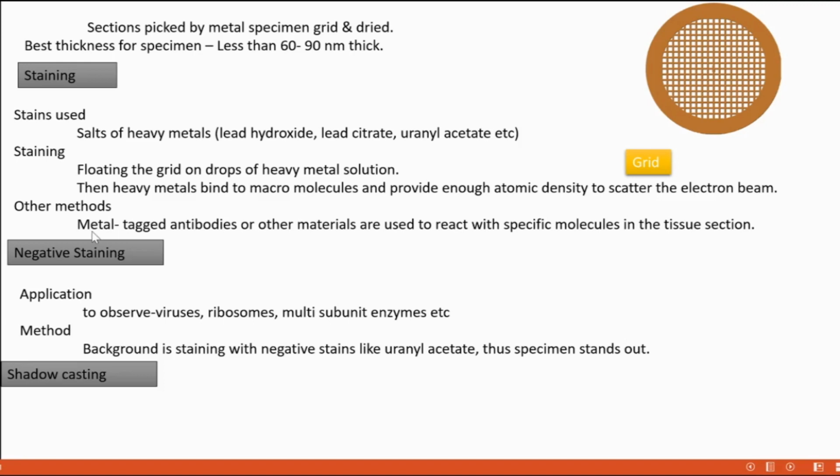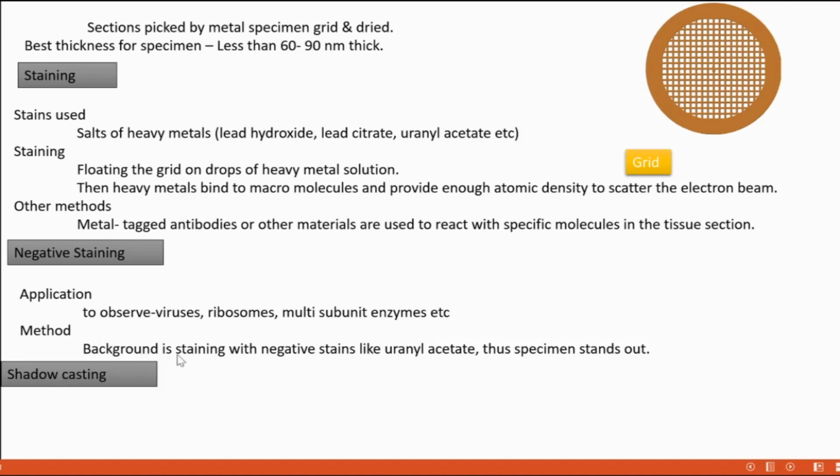Then, coming to negative staining. Negative, as the name implies, means something is happening opposite to what we would expect. Where do we use negative staining? To observe viruses, ribosomes, multi-subunit enzymes, etc. In this method, we are not staining the specimen.